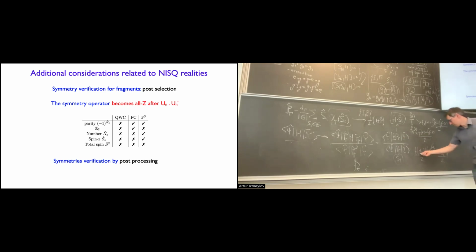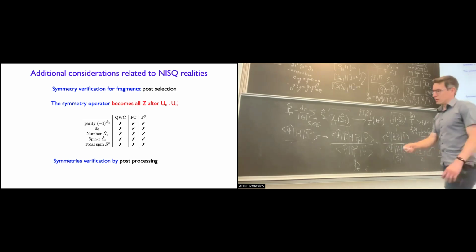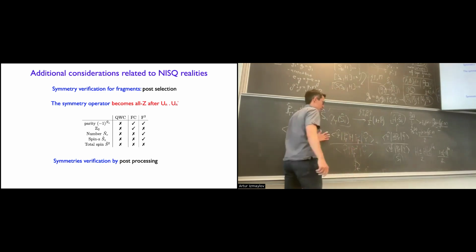Here it's plus or minus depending on which sector you want, even or odd. That will allow you to do post-processing, removing the errors that change the parity.